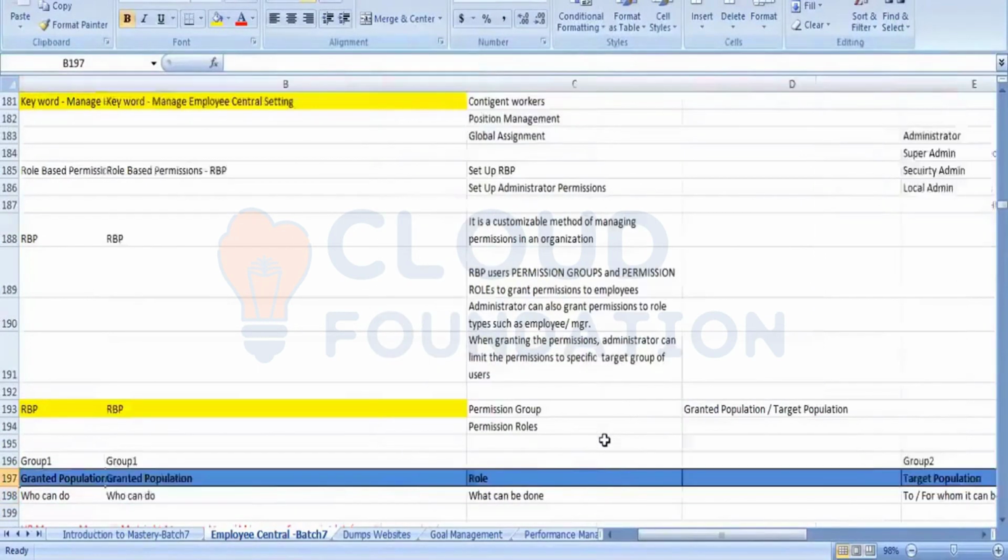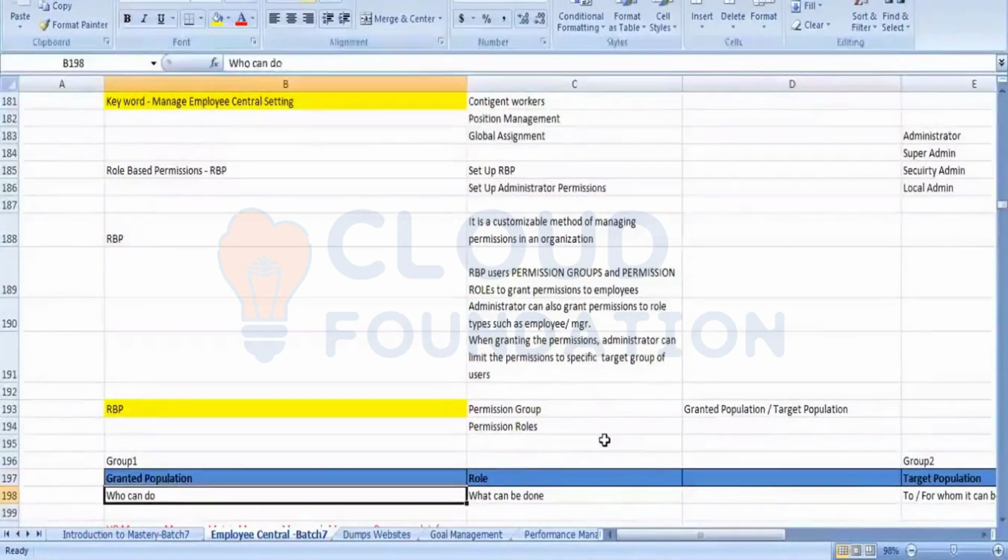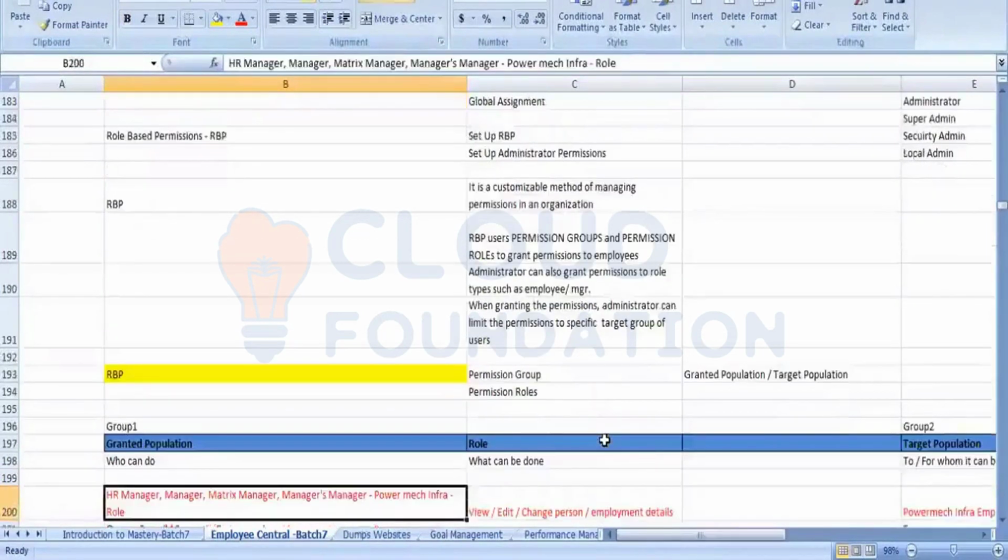Who is doing this? You are doing it. The HR manager for that particular company, the HR admin of that Germany location.